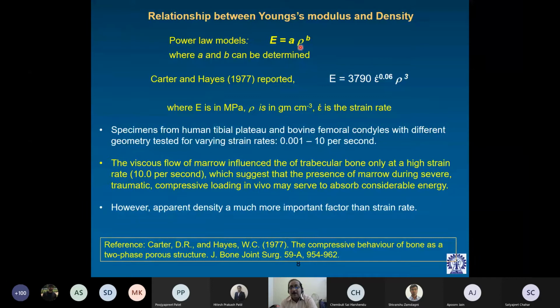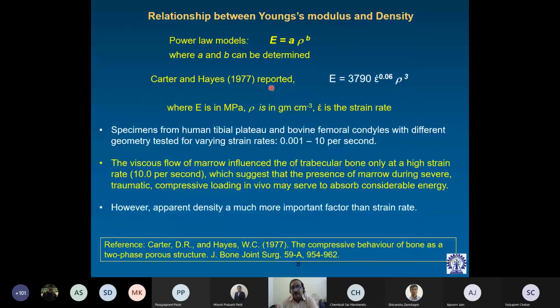a particular anatomic location. But a major contribution came up from Carter and Hayes in 1977. I will share this paper. I have a soft copy of this paper, so I'm going to post it today because you're all back from your spring break, so you would take time to concentrate, I hope.